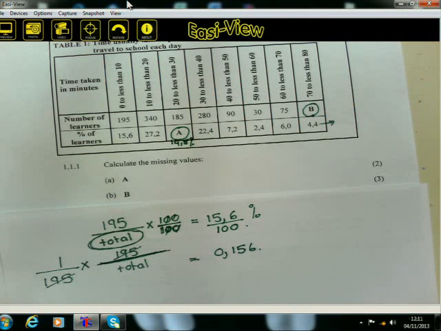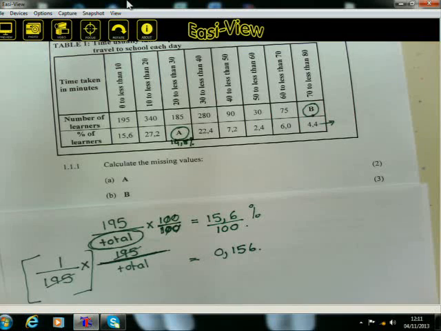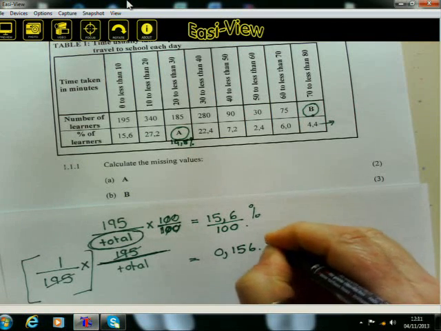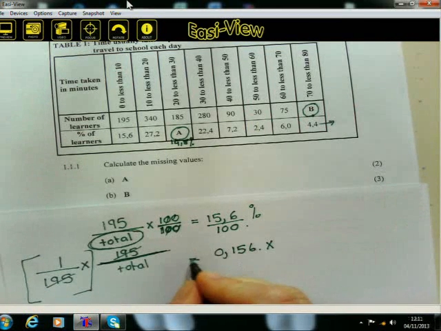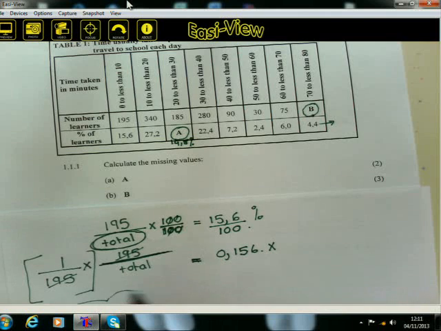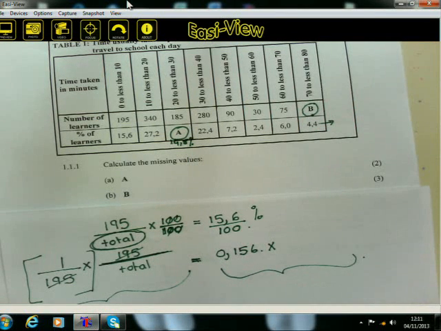But remember, what I do on the left, I must also do on the right. If I'm talking about the left and the right, I'm talking about the left of the equal sign, this side, and the right is that side of the equal sign.